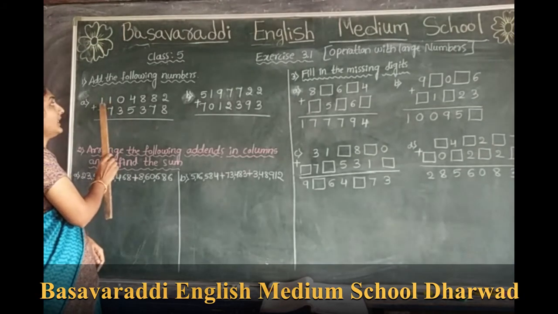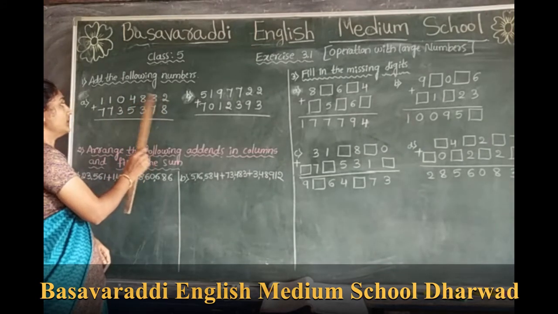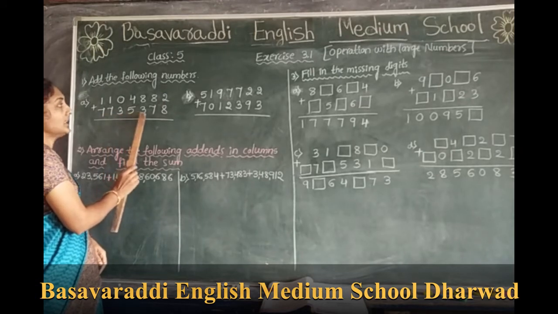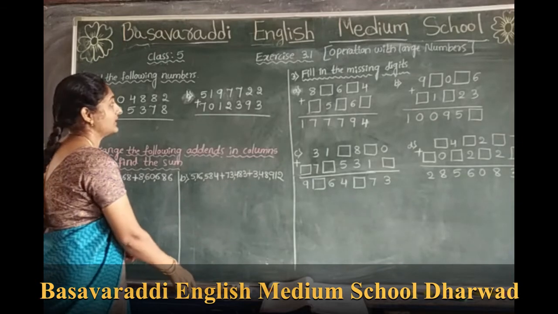Totally, 11 lakh 4,882. The next number is 77 lakh 35,378. These are the two numbers in the given question.